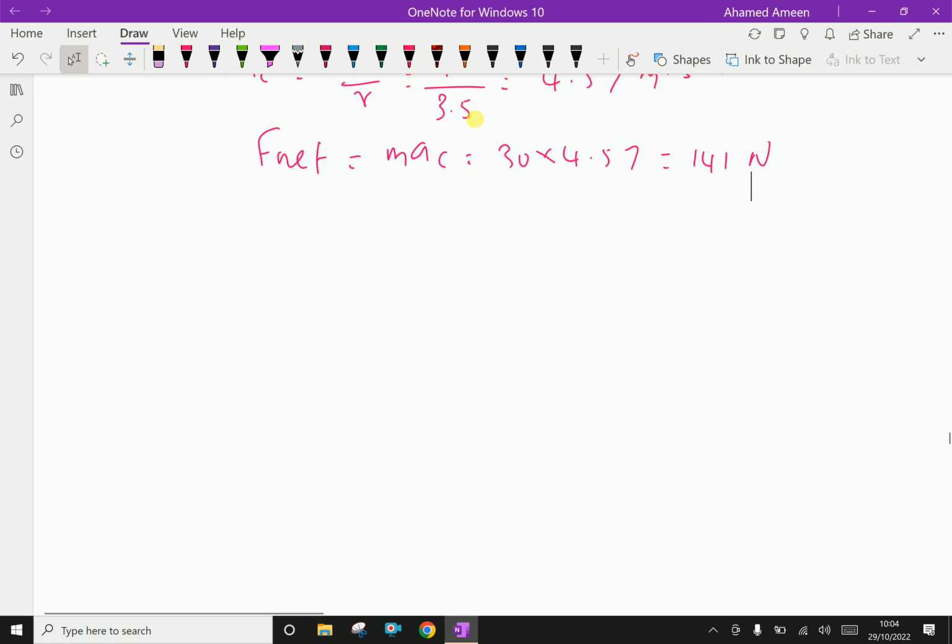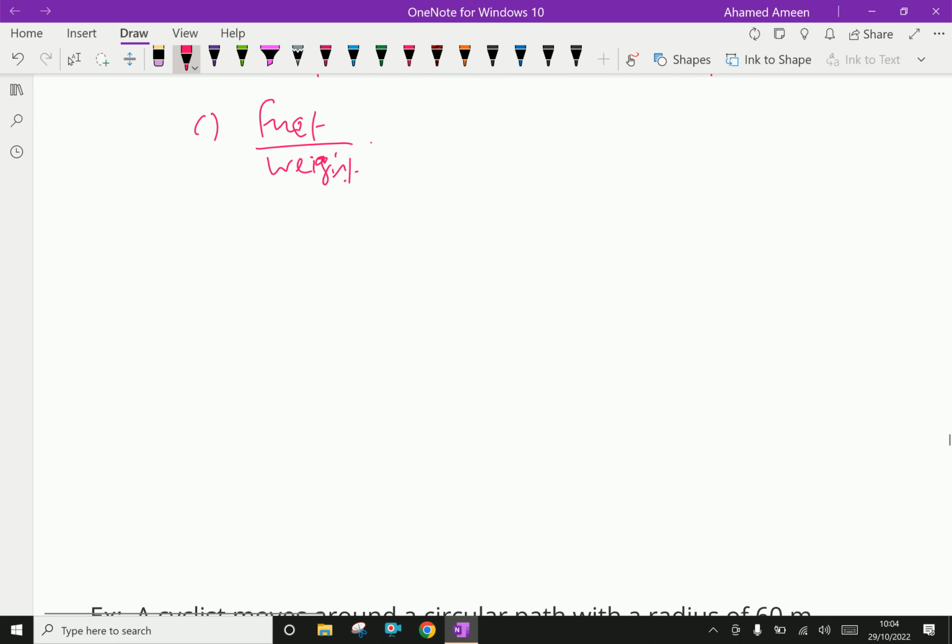Here we have to find F net over weight of the child. Here F net is 141, then the child's weight is mg, that is 141 over mass 30 kg into 9.81 gravitational constant.